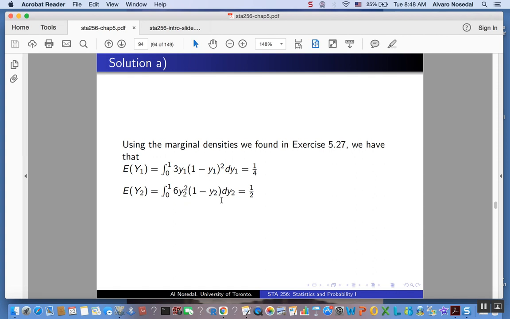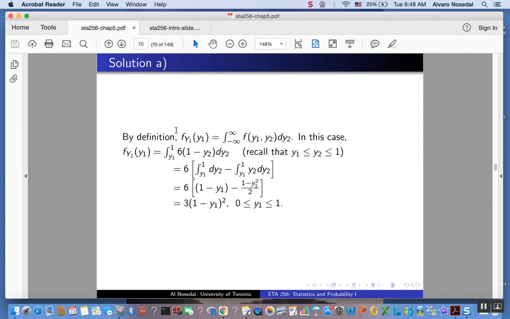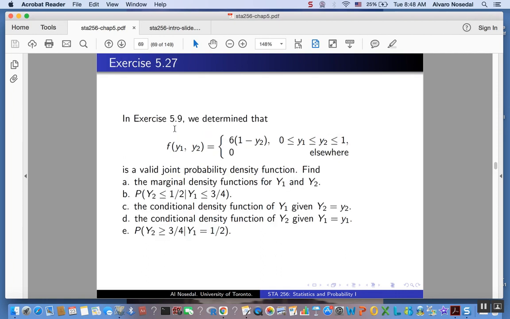Let me remind you where we had those marginals. It's from this example. We did this exercise together, so we found the marginals for y1 and y2.